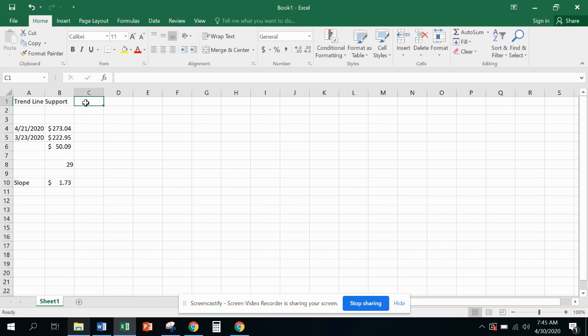I should have made a note of this. This is the SPY ETF, which tracks the S&P 500. Now, we want to forecast this into the future, and today is April 30th.